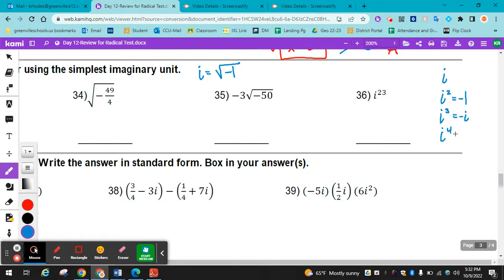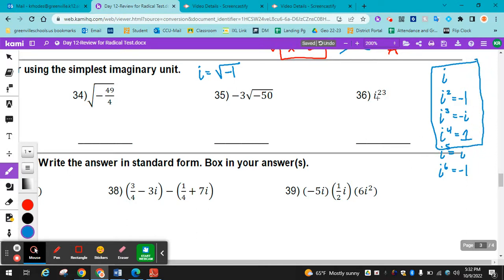If it was to the 4th, it's i squared times i squared, and -1 times -1 is +1. And then if I keep going, i to the 5th, well, that's i to the 4th times i, so that's just 1 times i, so it's just i again. i to the 6th, i to the 4th times i squared, so that's 1 times -1. We're back at -1. So these 4 just start repeating and repeating.